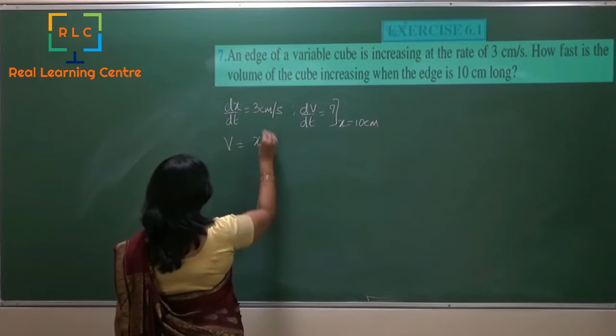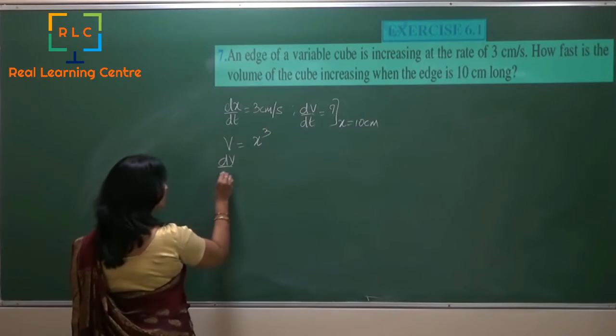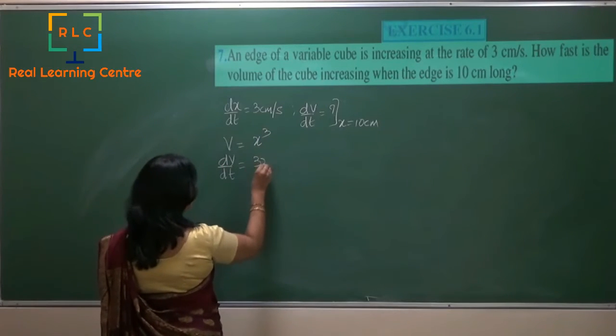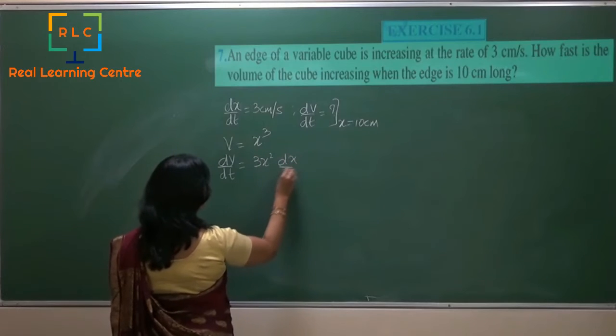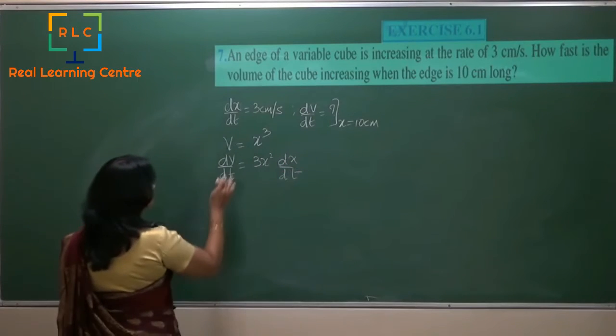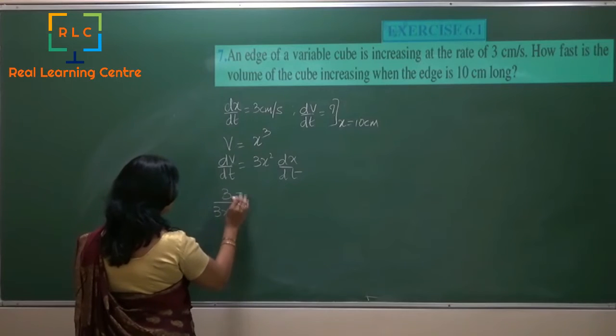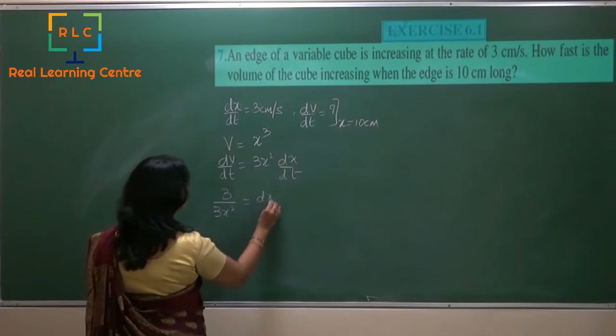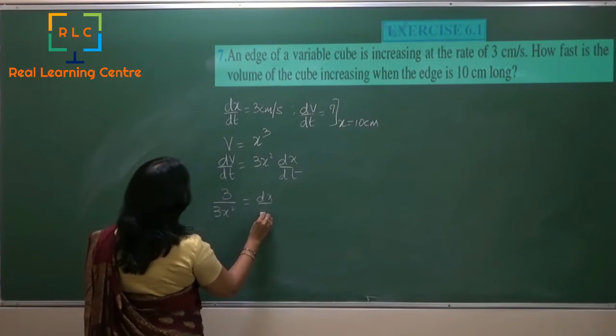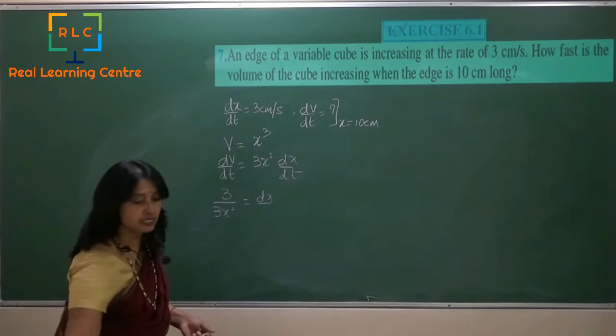So volume directly, in only two steps we get our answer. Volume is equal to x cube. dV by dt is equal to 3x square into dx by dt. Oh, I'm sorry, dx by dt is given.